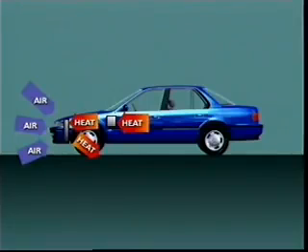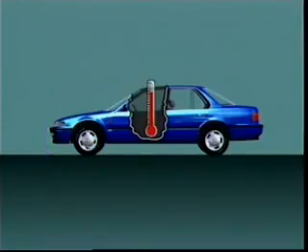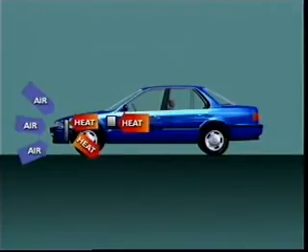For any given application, the air conditioning system must have sufficient capacity to remove the quantity of heat necessary to lower the vehicle interior temperature to an acceptable level. Since heat is a form of energy, it cannot be destroyed. The air conditioning process is simply one of removing heat from one place and transferring it to another.